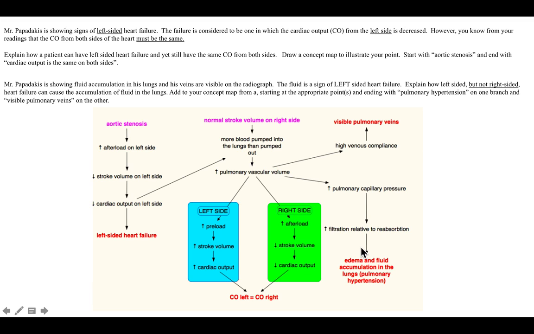When you see in a question stem things like lower leg edema, ascites, jugular venous distension, when you see a lot of that, then you should be thinking right-sided heart failure, because exactly the opposite thing is going on. If it's right-sided, in that case, you get more vascular volume in the system, and your preload will go up on the right, your afterload will go up on the left, and they'll come together. And you'll end up with the signs of right-sided heart failure instead of the signs of left-sided. Okay?